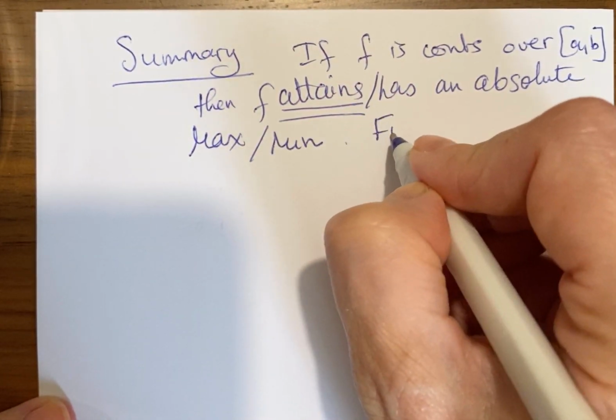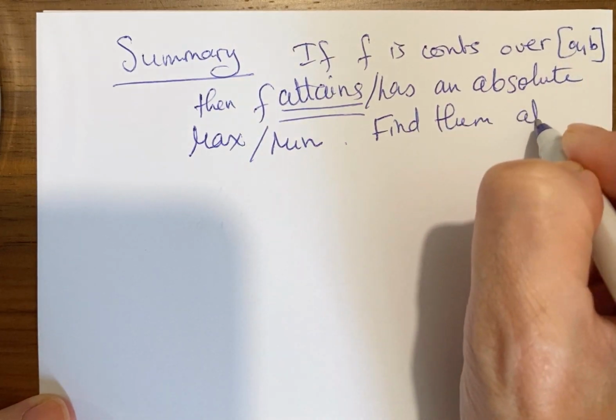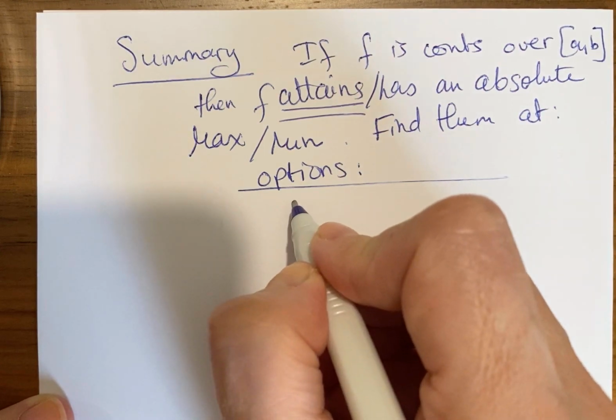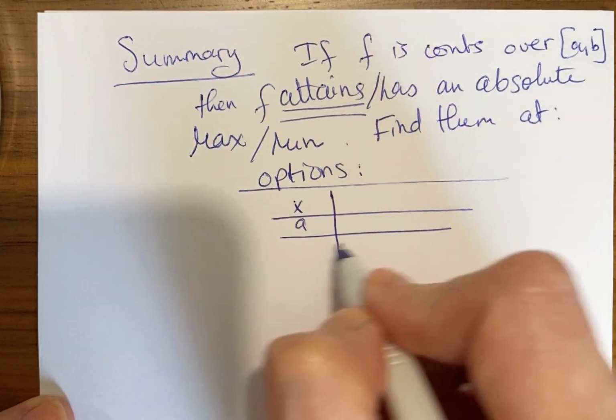Where to find them? Find them at, what options do you have? First, the endpoints.